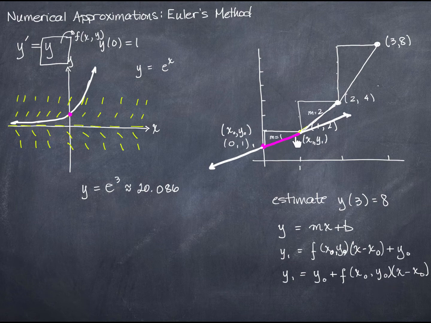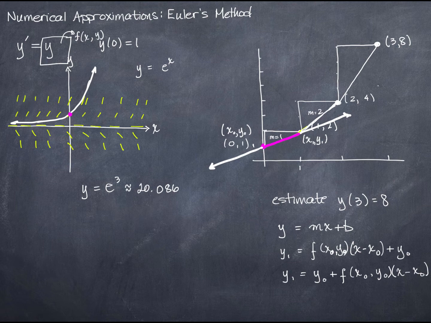It's the slope of the line starting at this point and ending at this new x value, this new y value that we want to find. That slope, which is a function of x and y because it's a differential equation, it's a dy/dx. So that's going to be my slope, times x minus x naught. And x minus x naught is the distance between my starting x and the next one over.